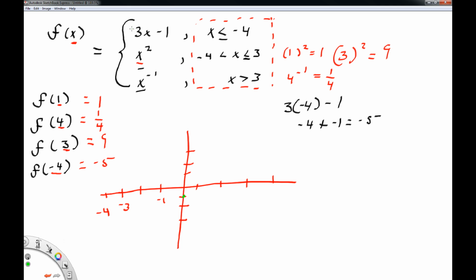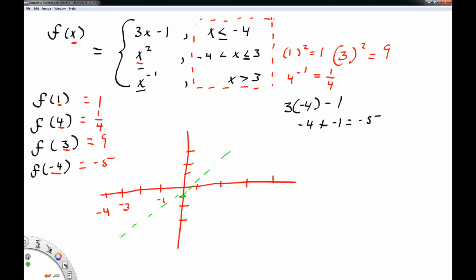And when y equals 0, x equals 1/3. So about here. So we have, well, that's a horrible line, but something similar to that.